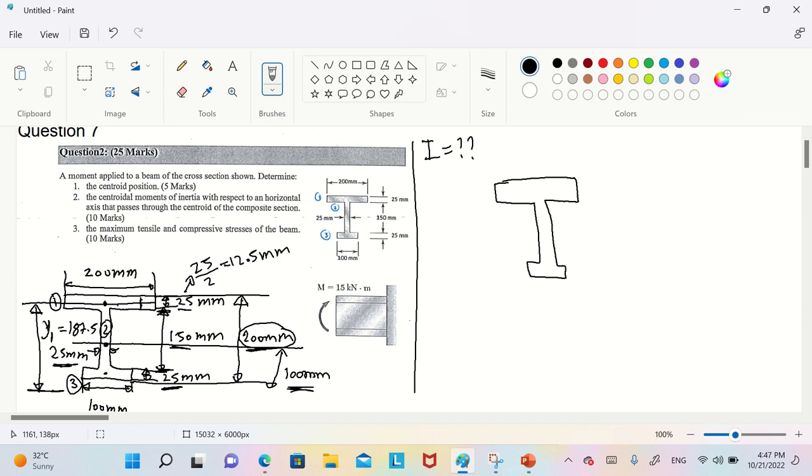Like we said, from here to here is 200 millimeter. For the first, the center to the ground is 187.5 millimeter.